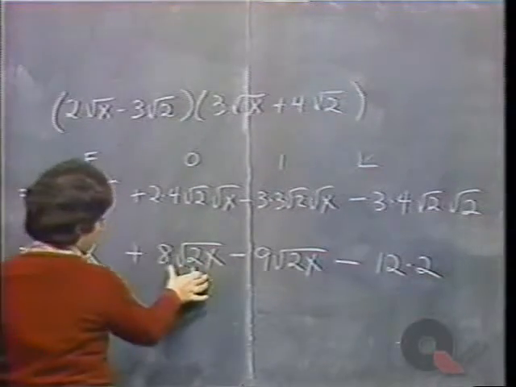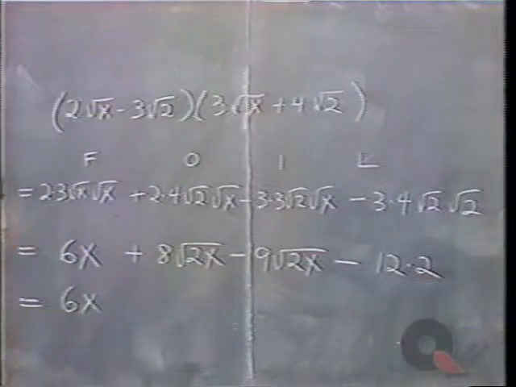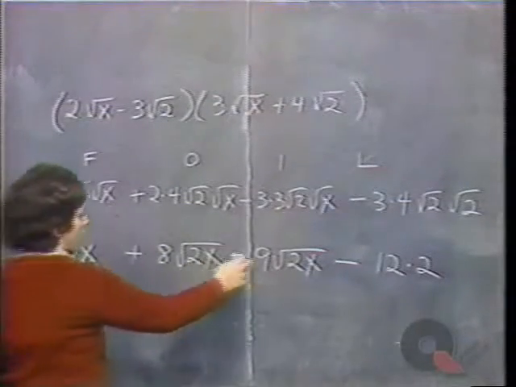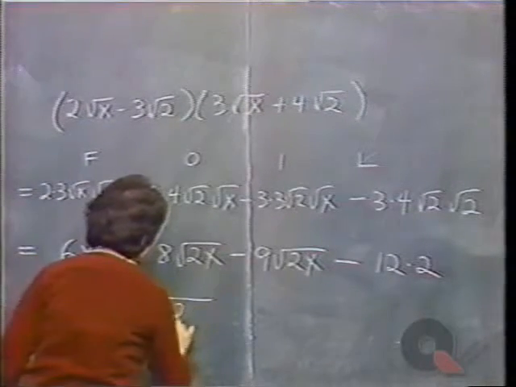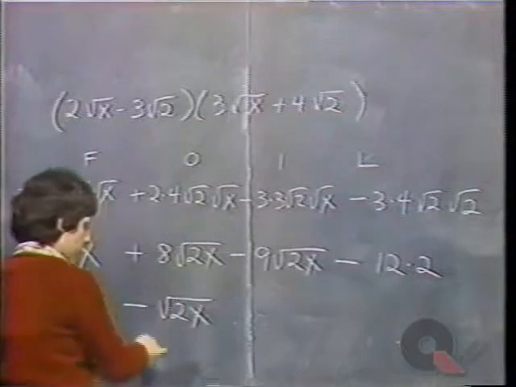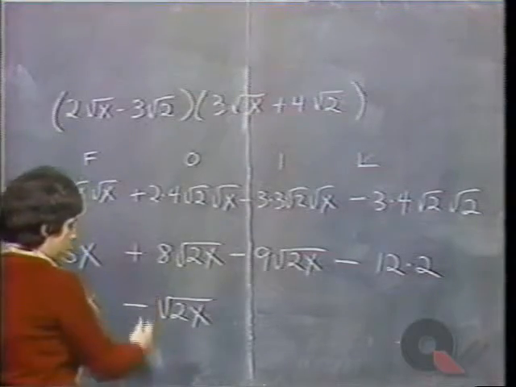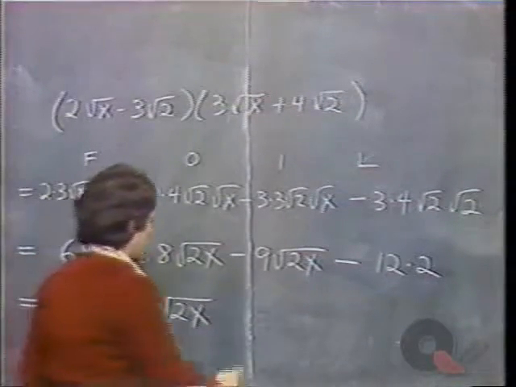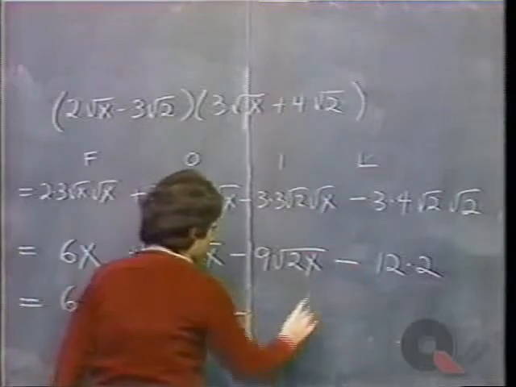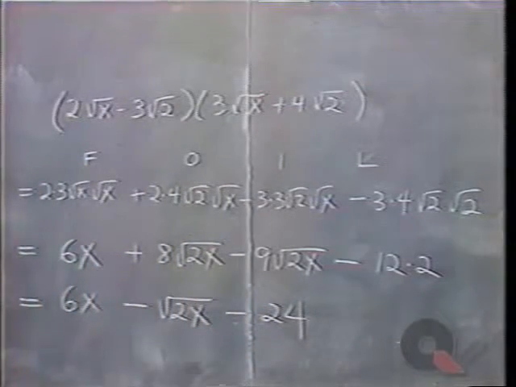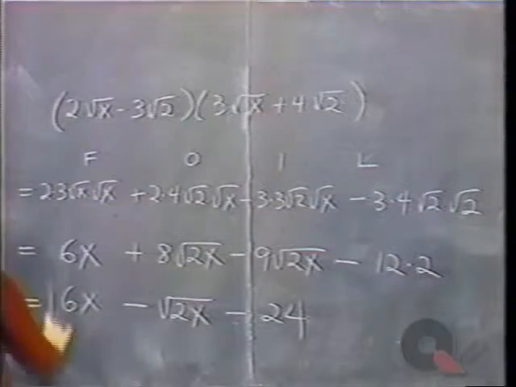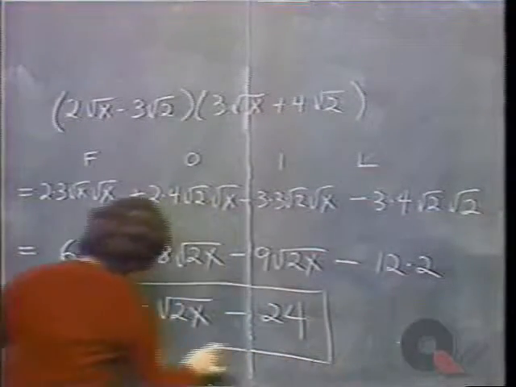Now, plus 8 the square root of 2x and minus 9 the square root of 2x are like terms we can combine. 8 minus 9, the square root of 2x, or minus 1 the square root of 2x. Generally, we leave out the 1, it's implied here. Minus the square root of 2x, minus 12 times 2, minus 24. So we get 6x minus the square root of 2x minus 24 as our answer for this problem.